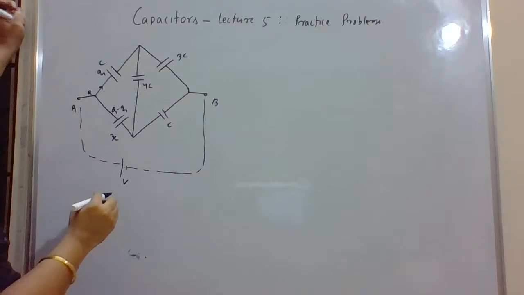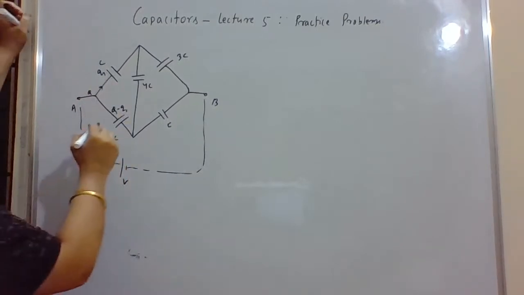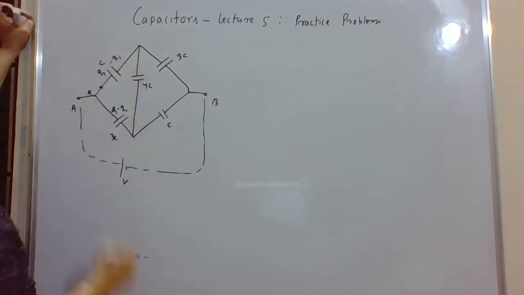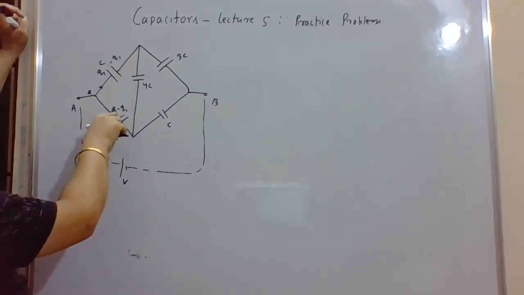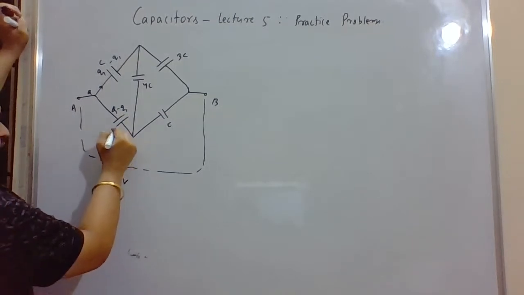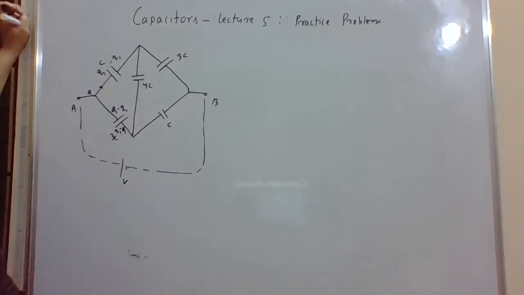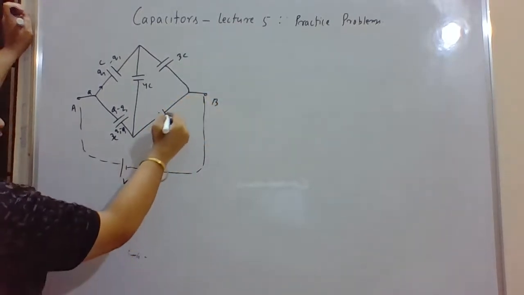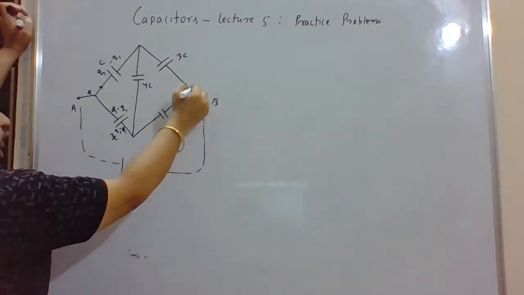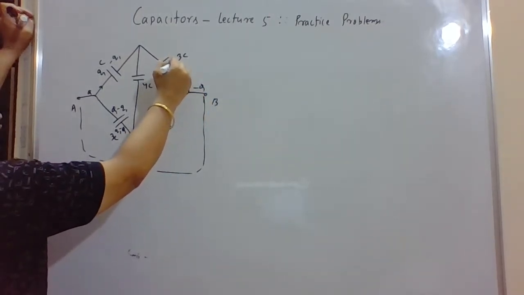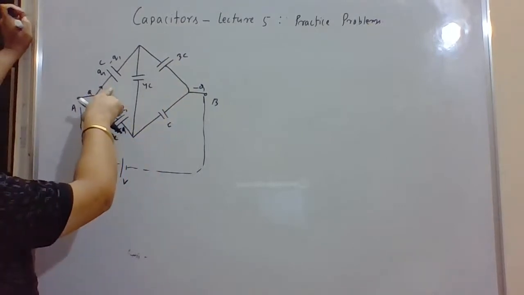Now this is done. If charge plus Q1 is here, here it will be minus Q1. And here, if it is Q minus Q1, obviously in this plate it will be the opposite of that, that is Q1 minus Q. Now let us see from the other side. From the other side, charge minus Q came here.